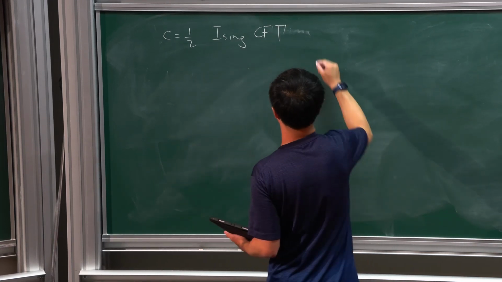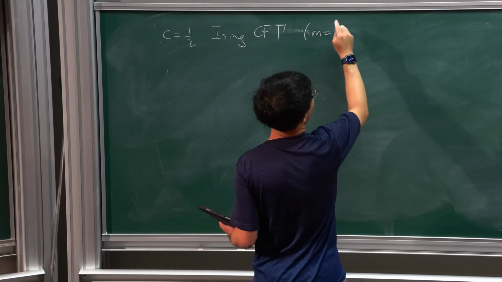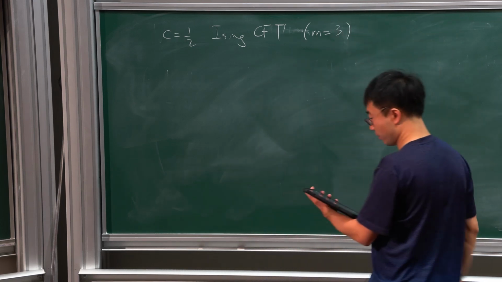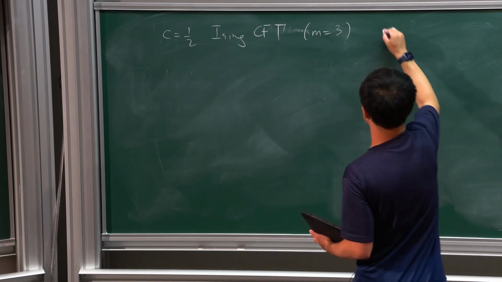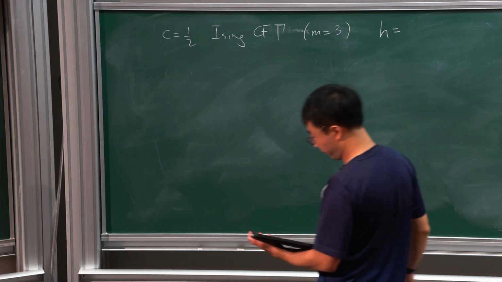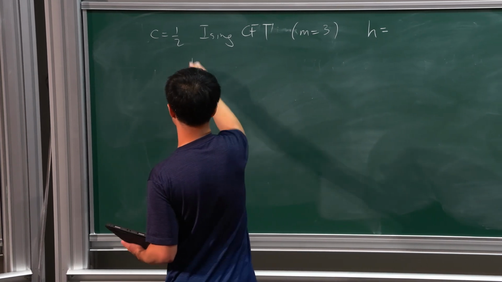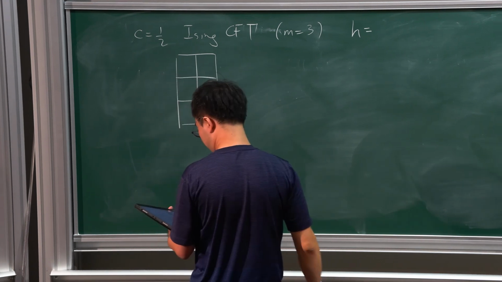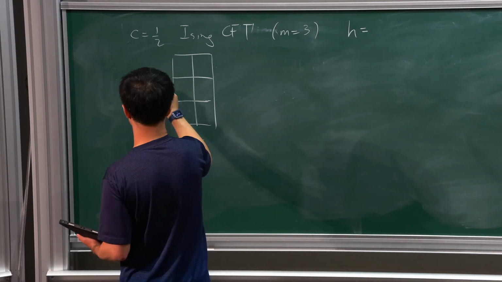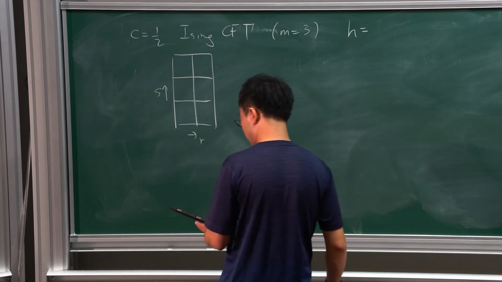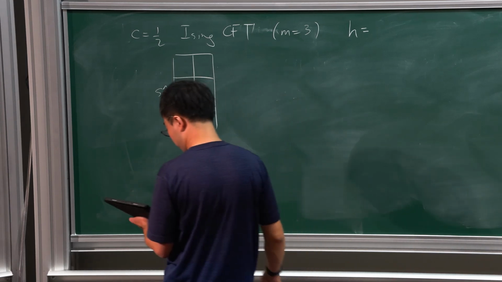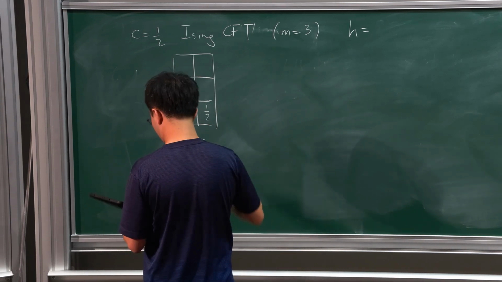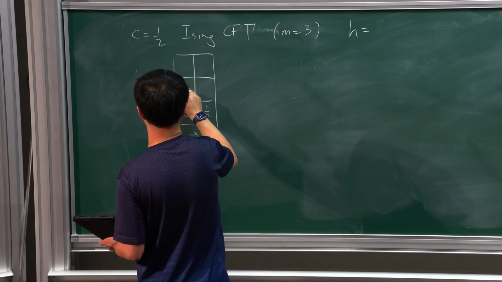In this case, they correspond to m equal to 3 in that whole sequence of minimal models. And the corresponding h's you can figure out by drawing this table of corresponding values of R and S. So R goes this way, S goes this way. S takes 3 possible values, R takes 2 values because m is equal to 3. And these are the possible values, if you read them out from the dimension formula.